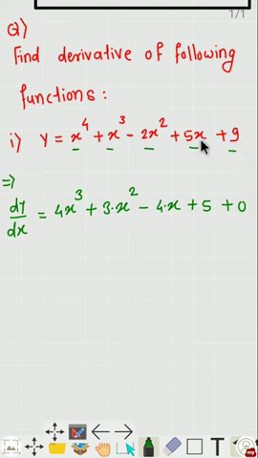The derivative of x is 1, of x square is 2x, of x cube is 3x square, and of x raised to the power 4 is 4x cube. So this is the derivative of the given function.